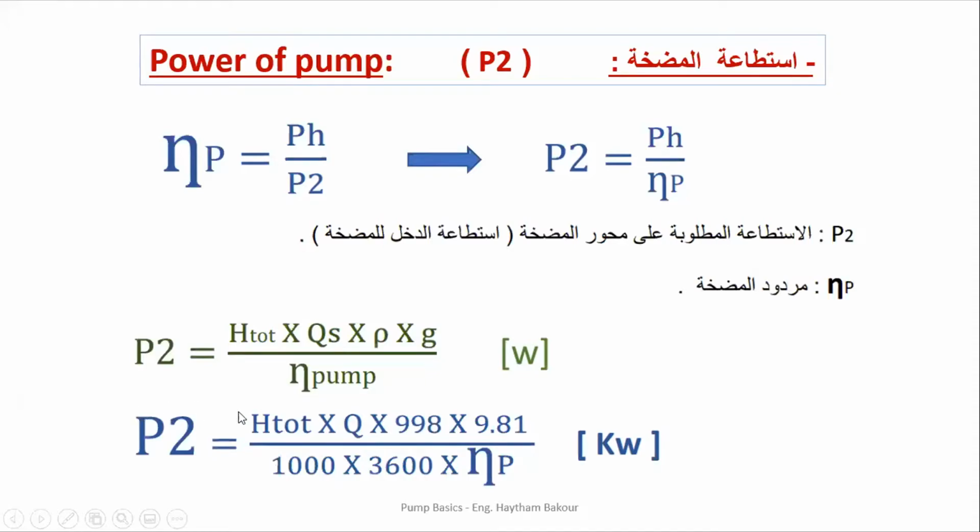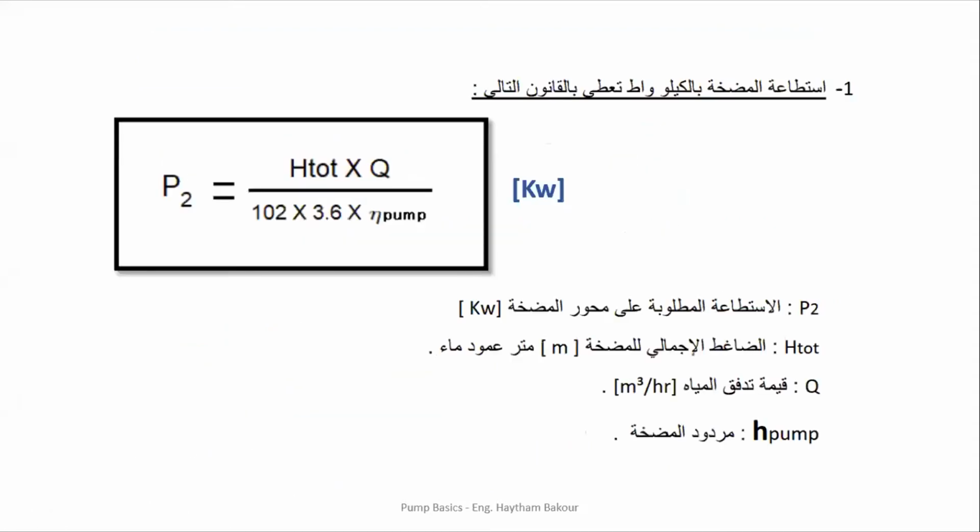So we reach the main equation and law of the pump, which we will use in real life as an example.